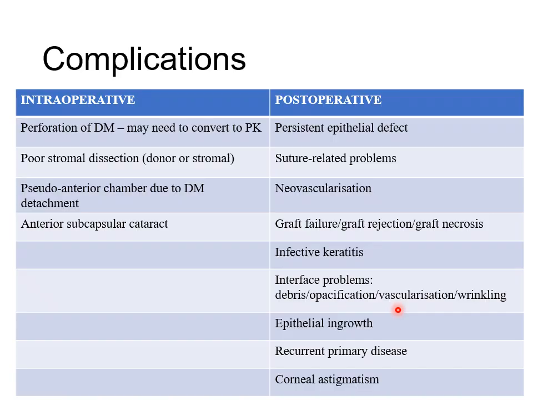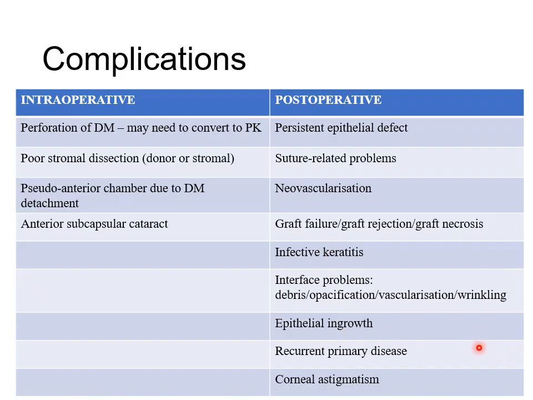For example, in case of DALK, the interface is between the donor stroma and the recipient Descemet membrane, right? So that is a potential space. Whenever there is a potential space, one can have debris in it. It can undergo opacification, vascularization, or even wrinkling. So that's a postoperative complication, interface problems.